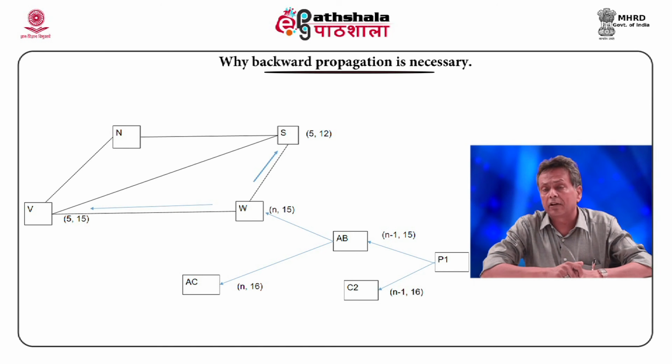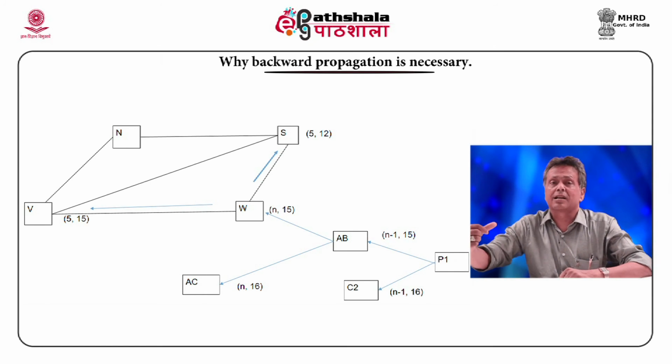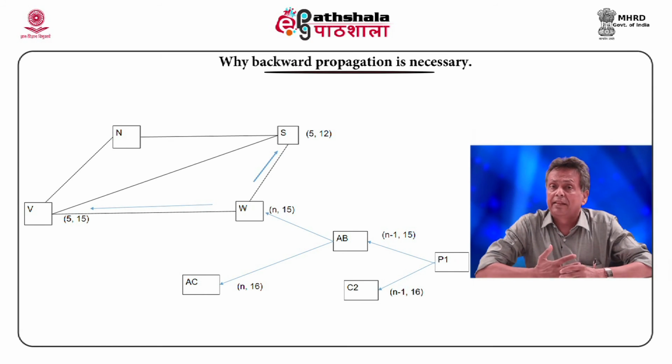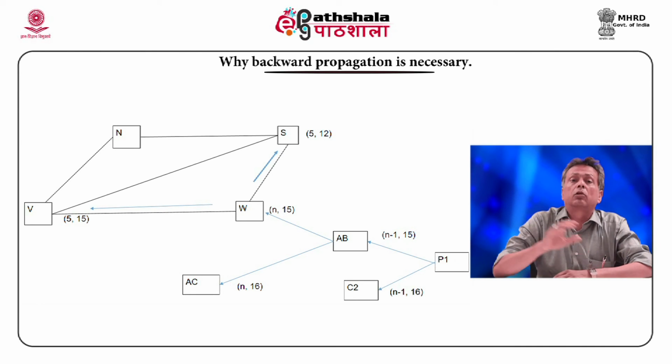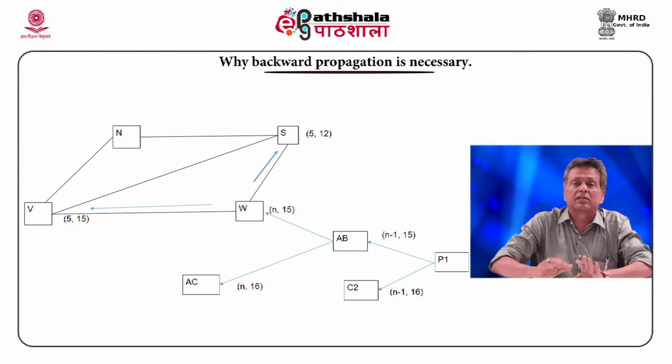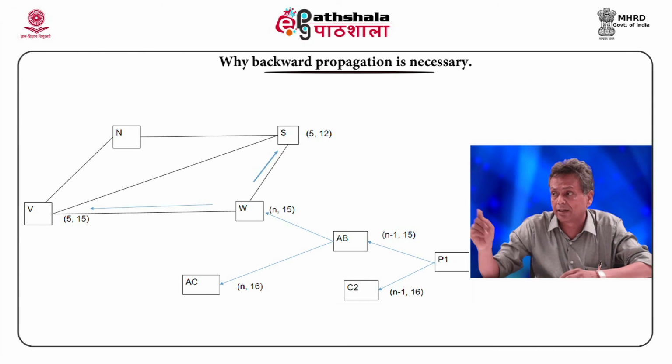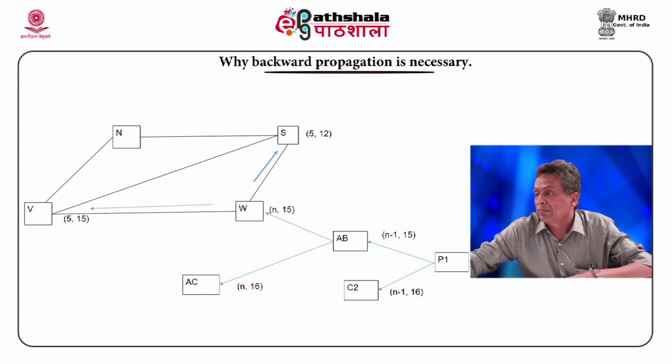Incorrectly, AB would prefer AC if that right estimate is not sent back. So, to prevent that, even the correct estimates are to be propagated back, all the way to whatever the root node is. So, all paths are to be updated, and this is a critical part about A star.